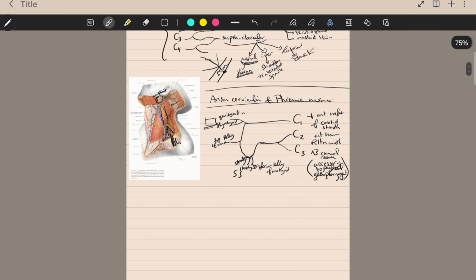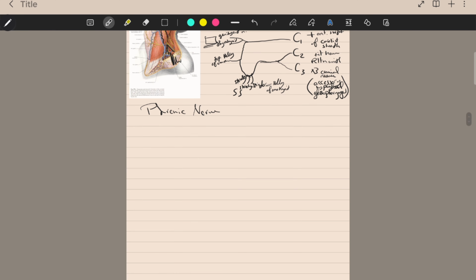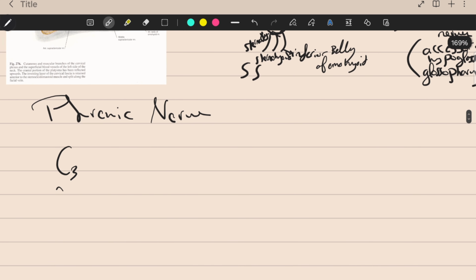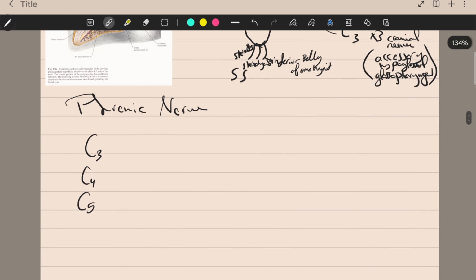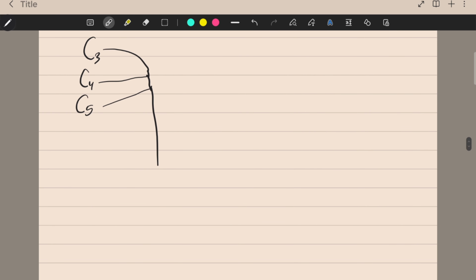Now let's go to the phrenic nerve, which is made up of C3, C4, and C5. C3, C4, and C5, and it goes down, and while it passes downward, it passes in front of the subclavian artery.